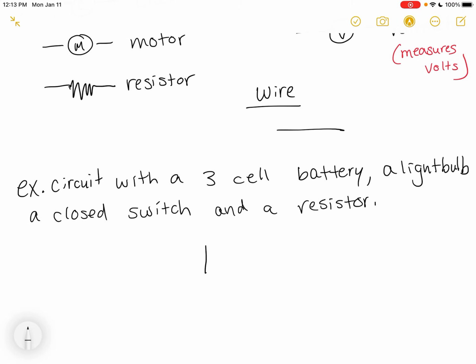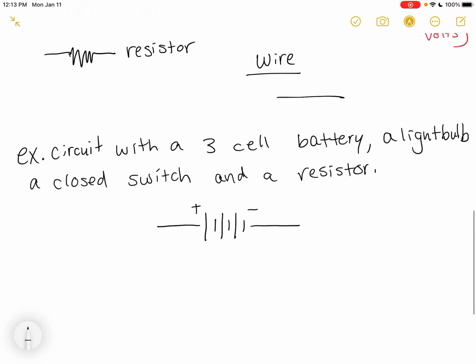Okay, so we're going to draw our 3-cell battery. This is the positive side, this is the negative side, and we use straight lines to draw our circuit diagrams. So we're going to use a straight line. We can change direction, but we can only go at 90 degrees.